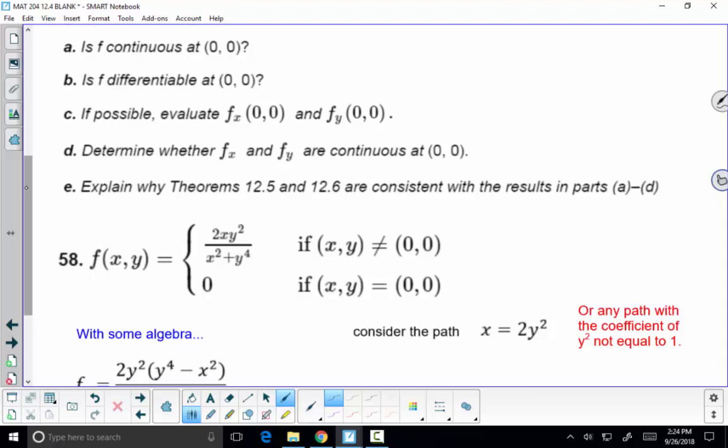For it to be continuous at the origin, the limit and the value have to be the same. So let's take the limit of this function as we go to the origin. So the limit of 2xy squared over x squared plus y to the 4th as we go to the origin. I can get right in there very easily.